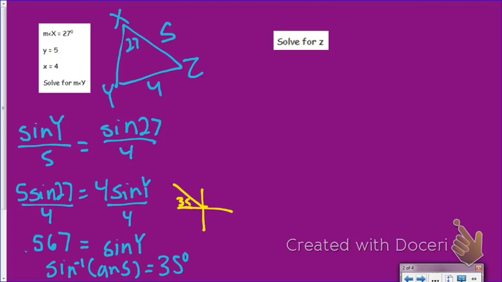So if I have that reference angle of 35 degrees, another possible answer is the full angle in the second quadrant, which is 145 degrees. That's what makes this a little more difficult. So there are actually two possible answers here.